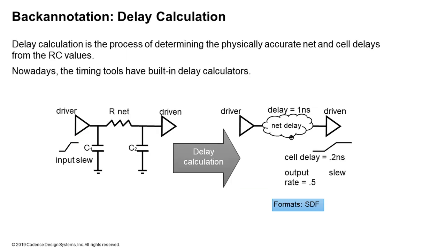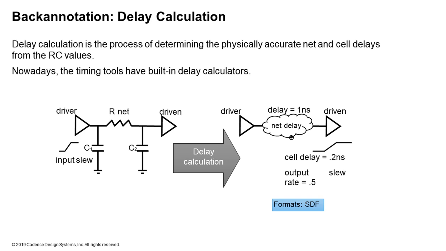One of the steps of back annotation would be delay calculation. If we are feeding the tools delays of the nets, then obviously we need a delay calculator that does that portion of converting your RC network into a delay network.